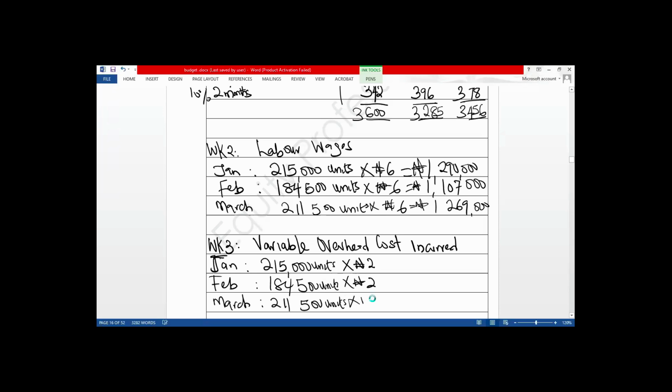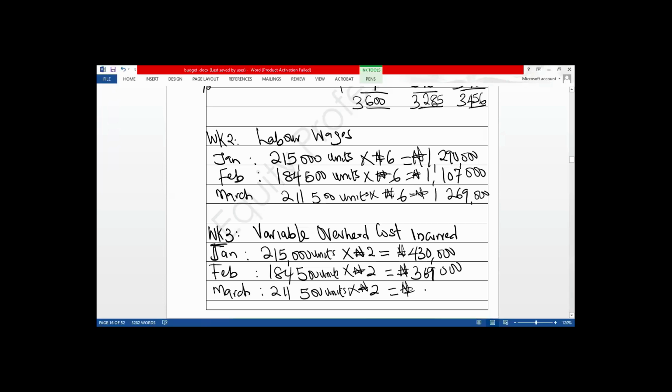The cost here is ₦2. So please multiply. What is the overhead cost incurred for the month? 430,000 is incurred in January. 369,000 incurred in February. Next. 423,000 incurred in March.